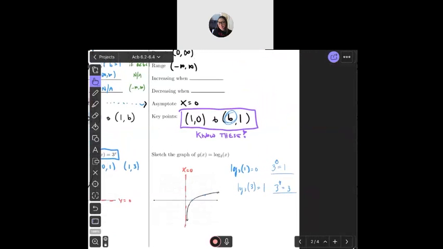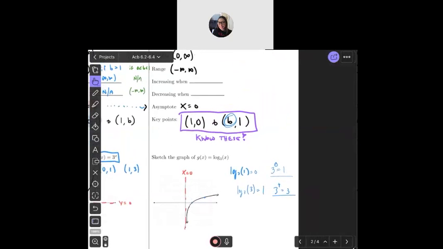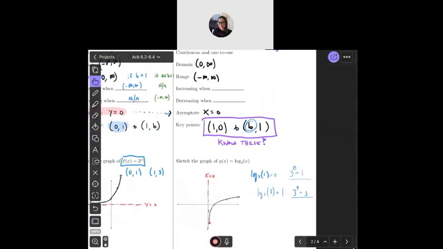So I wanted to skip over the increasing, decreasing part because it's hard to see sometimes, right? Because we saw it here, it's easy to make sense that if b is greater than 1, that's an increasing graph, and if b is between 1 and 0, it's a decreasing graph, a decay graph. Well, what if our b value is greater than 1 here? Is it still increasing or does it flip around? Right, because all this other stuff was busy flipping. Our b value is greater than 1, and look at our graph. It's going up from left to right. So that part doesn't actually change.